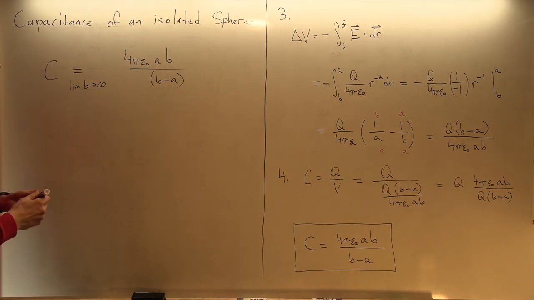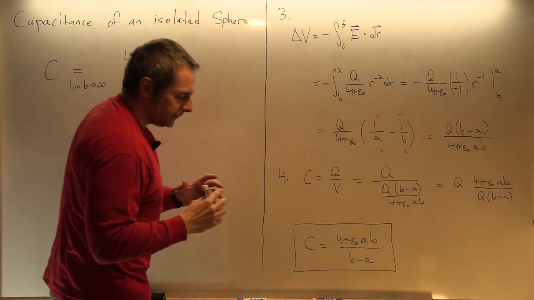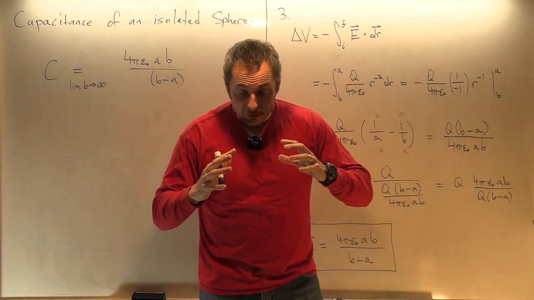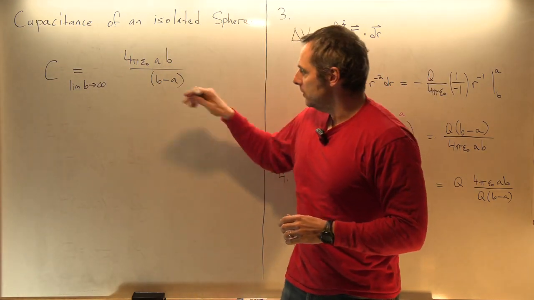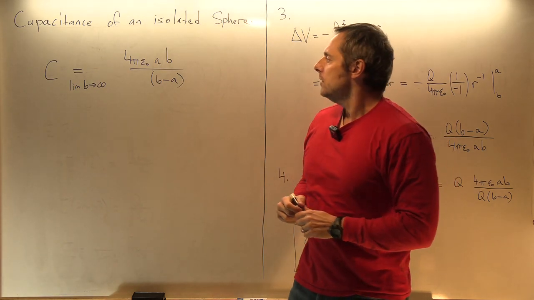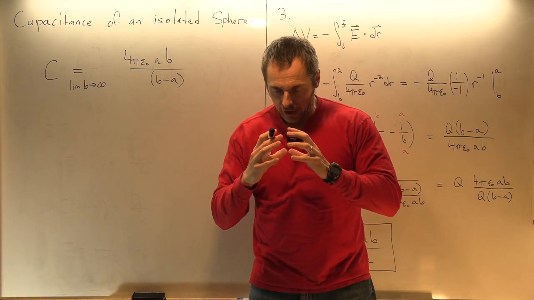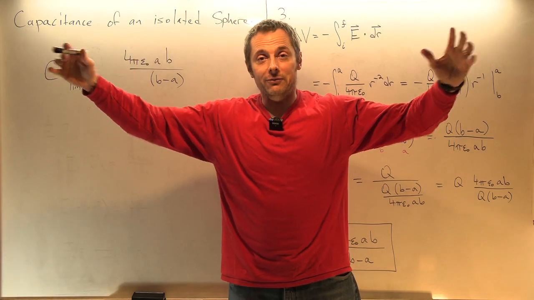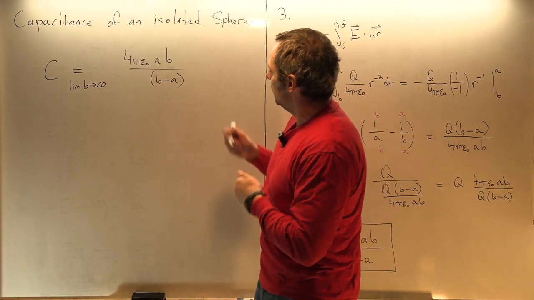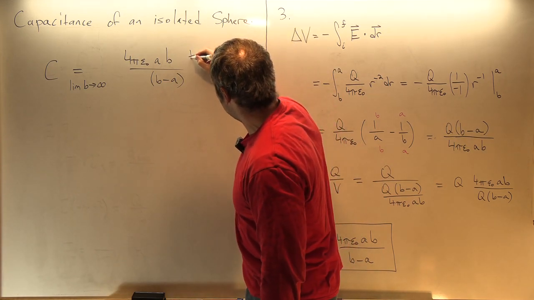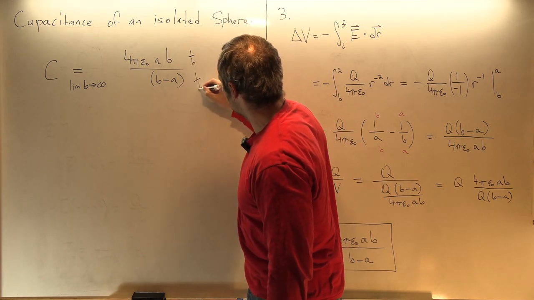Okay, so we take this formula and we imagine that that outer shell gets bigger and bigger and becomes infinite in size. What does this formula become then? So that would be, again, a shell with the other one being out at infinity. So in order to determine what our answer is, we could multiply the top and bottom here by 1 over b.